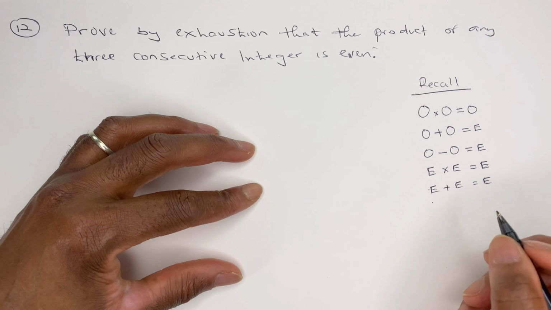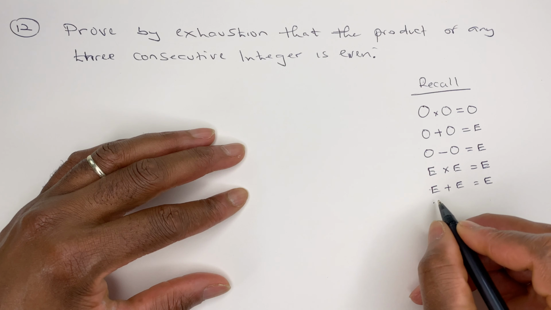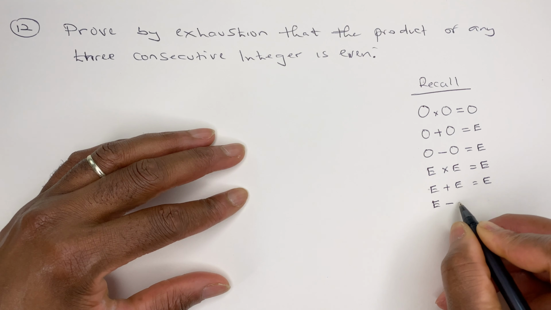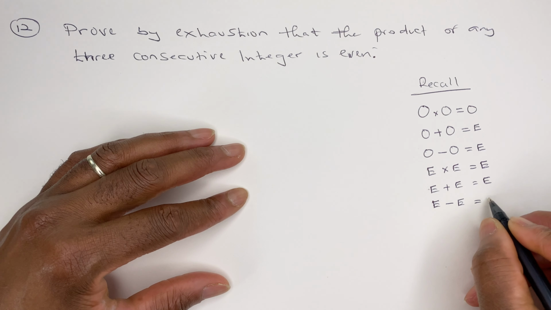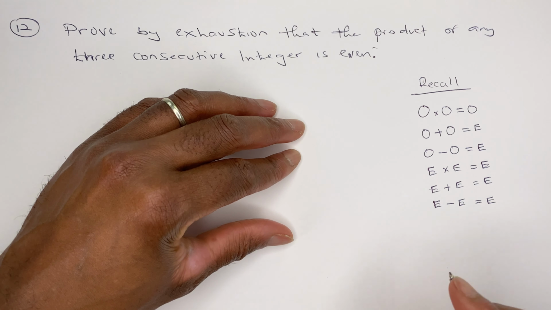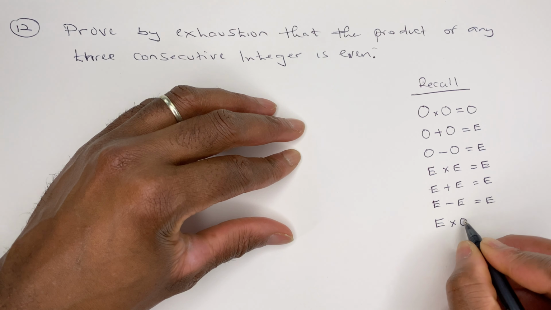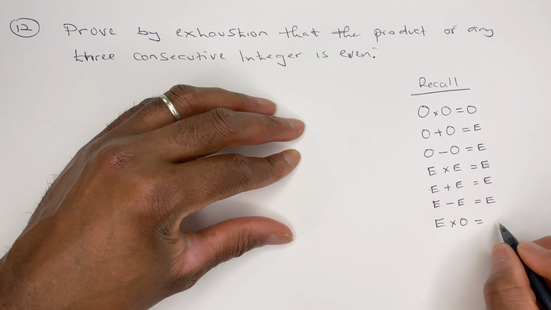And whenever we take away even from even, we get even number. So those are the nice recall. One more to recall is even times odd is always even number.